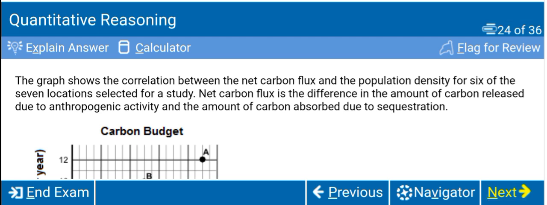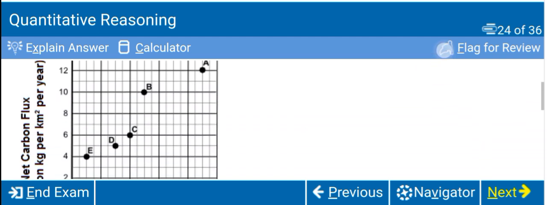Next we have question number 24, which says the same passage and the same chart.